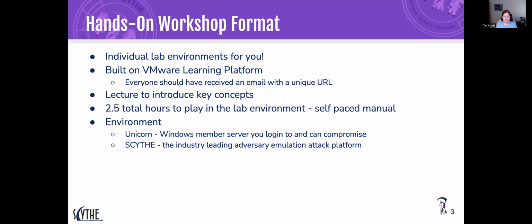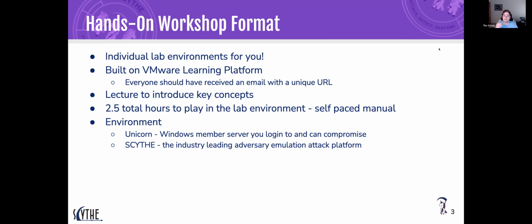The idea is we're going to give you a lecture to introduce the key concepts. And you'll have 3 hours of total time in the lab environment. Whenever you get the email, you can go in, you can throw me on mute if you want, but I will walk through some of the lab. You can go at your own pace or at the pace with me, and you've got a nice manual in there that'll walk you through exactly how you do everything.